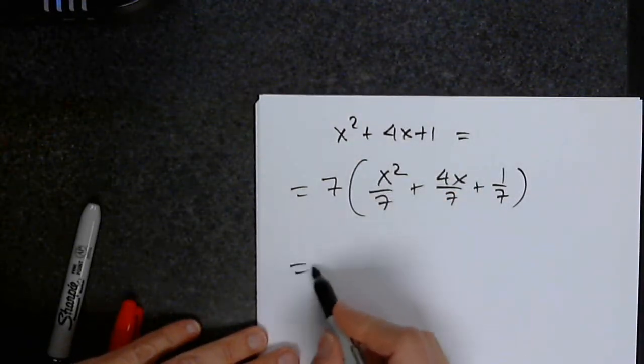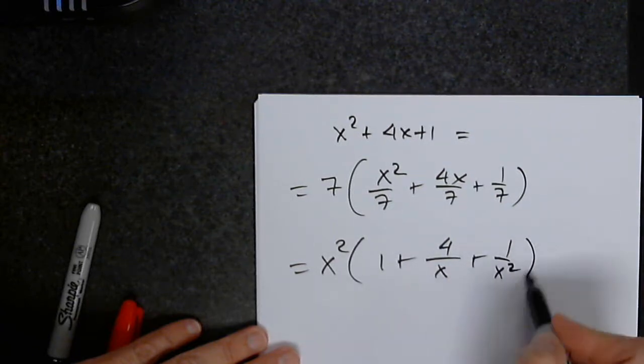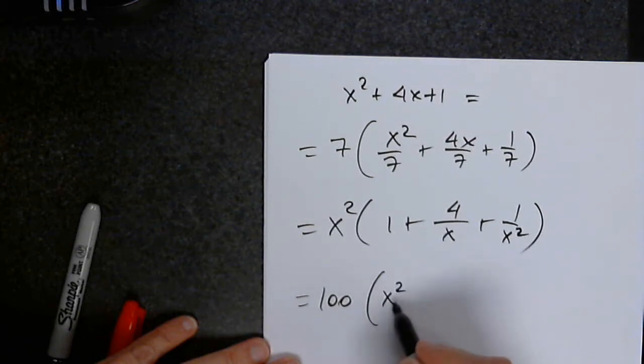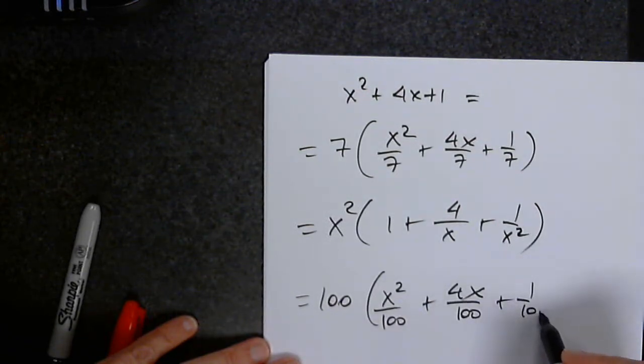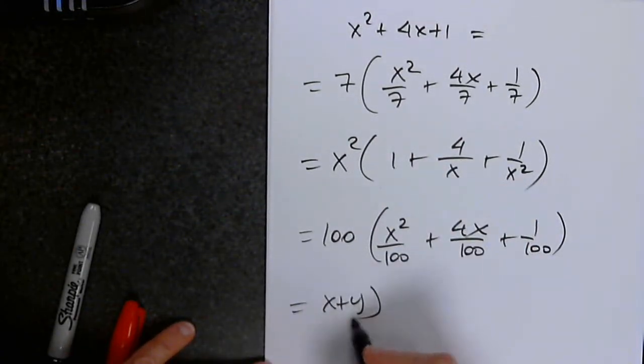From the same quantity, I can factor out x squared, or 100, or x plus y.